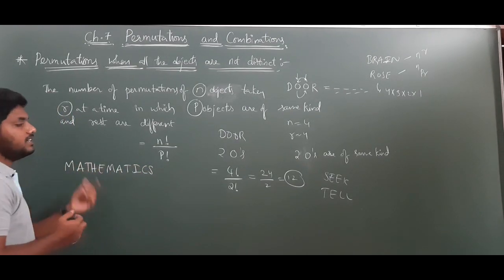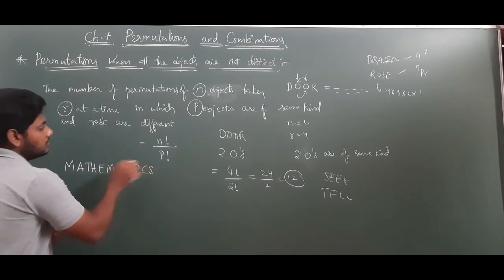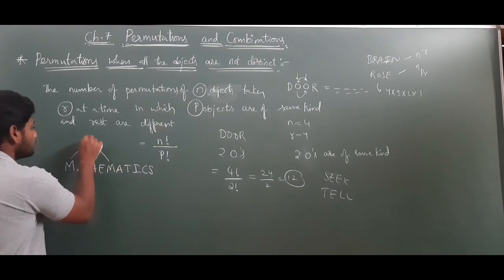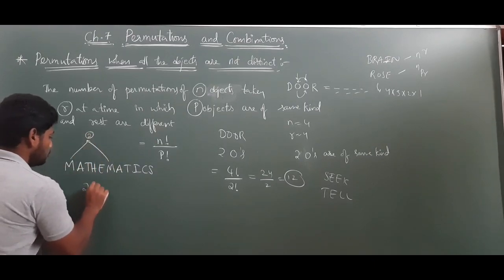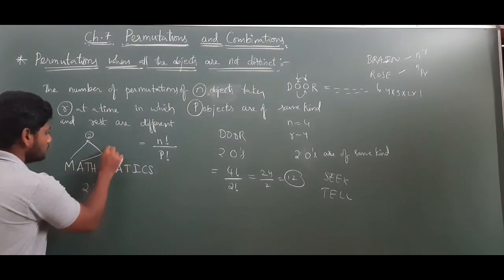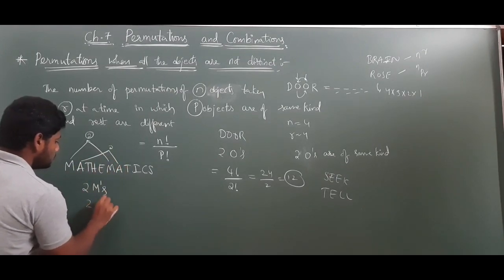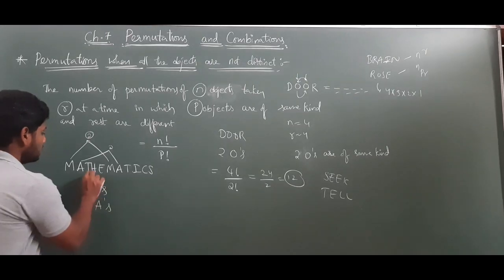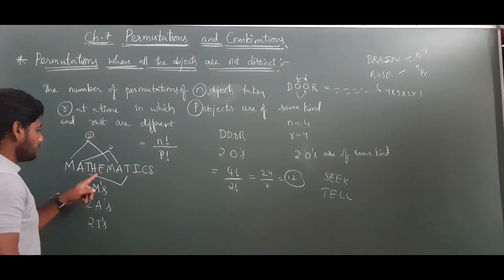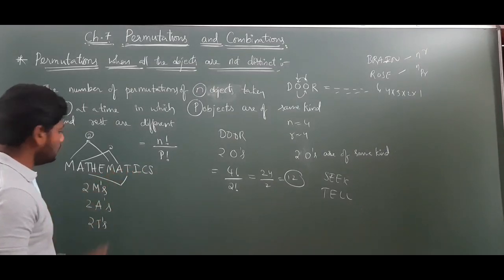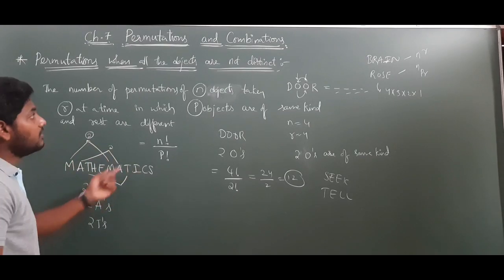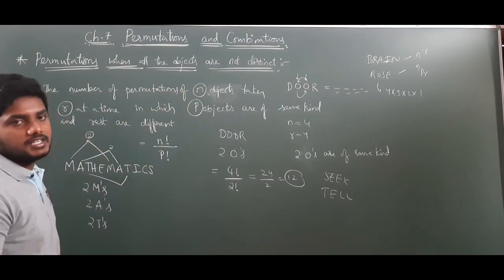Now, how to find this? In this case we will write: M is repeated how many times? 2 M's are there, and A is repeated 2 times. That means 2 A's are there, and T is repeated 2 times. 2 T's are there, and is there any other? No. Then how to find the number of permutations when all objects are not distinct?